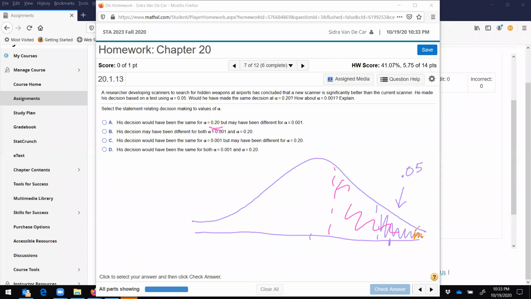So maybe just this portion of area. And I don't know whether this point actually fell here or over here. I have no way to know. So his decision might have been the same for this, but it might have been different. It definitely had to be the same for the 0.2. So his decision would have been the same for alpha equals 0.2, but may have been different for 0.001.